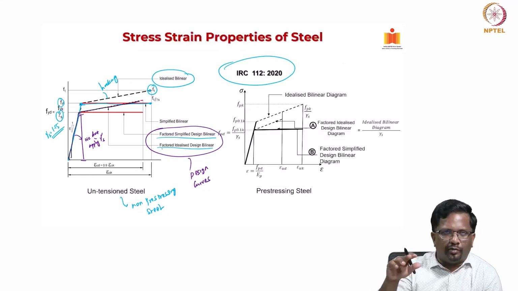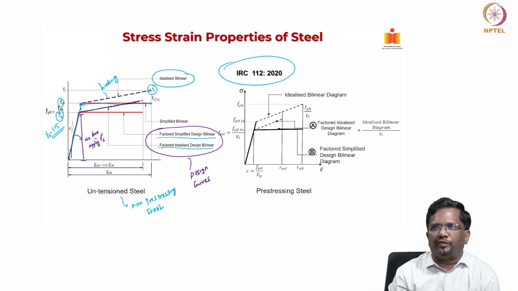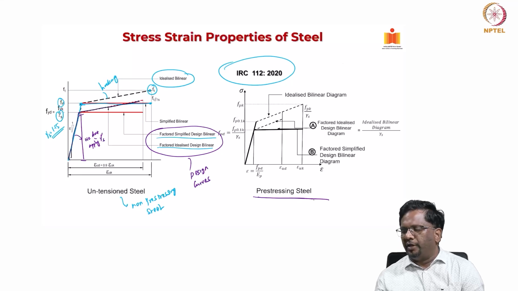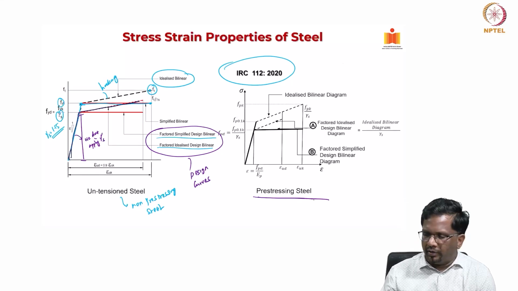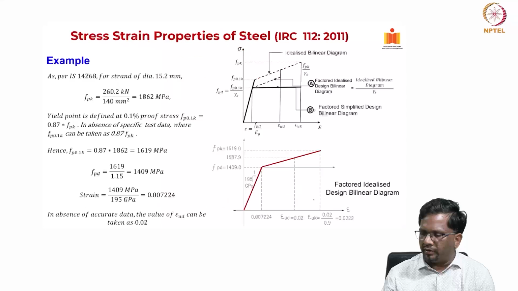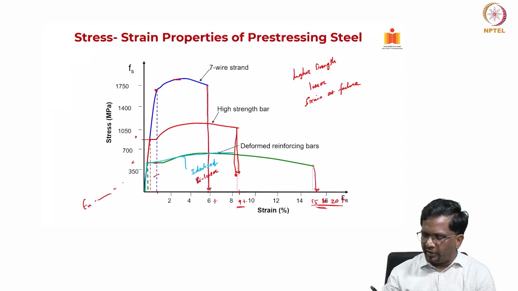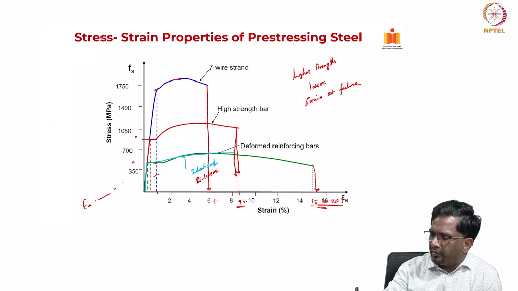So, when you say factored, you are also dividing by the gamma S factor, right. So, this is again for non-pre-stressed steel. Now for pre-stressing steel also we can do the same thing, right? We go back again, and the same curve, I can idealize like this, okay?